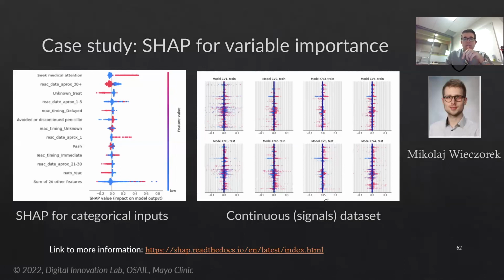This is an example that I presented at Machine Learning Journal Club a few weeks ago, or a couple months ago, basically looking at spectroscopy readings. In this case, we have 3,000 different variables that correspond to different compounds in our spectroscopy that are important for prediction.